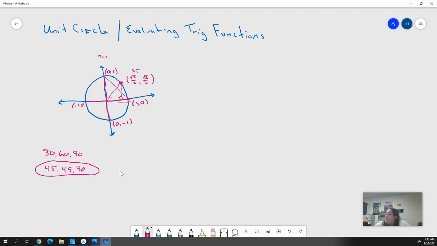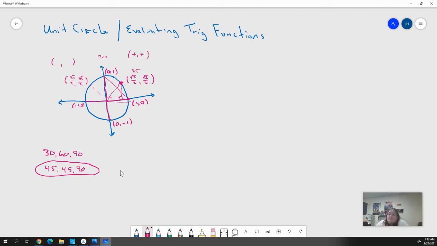Now, think about this if I divided this in half as well, right? Because 45 is halfway between 90 and 0. So if I went another 45 degrees right here and I had an angle, this point would also be radical 2 over 2, radical 2 over 2. The difference is, is everything in this quadrant positive?